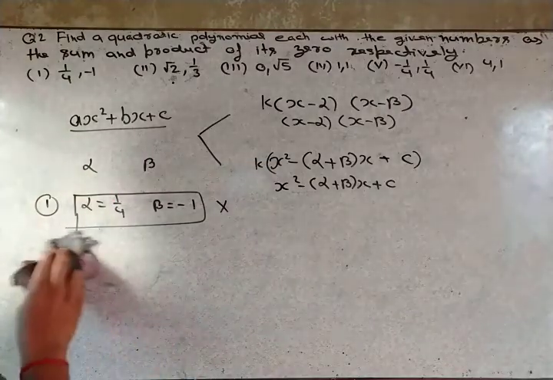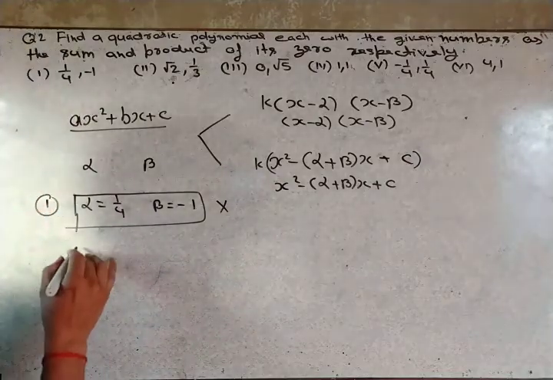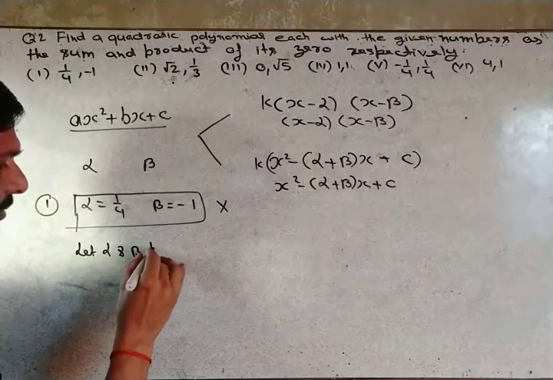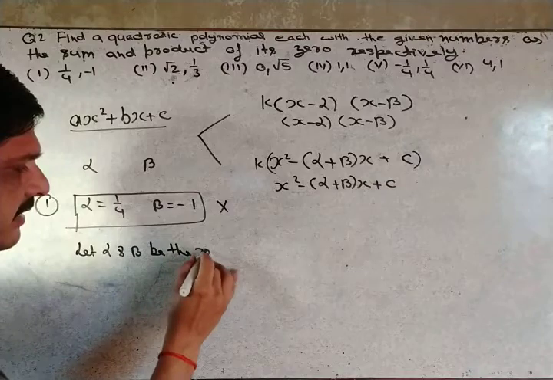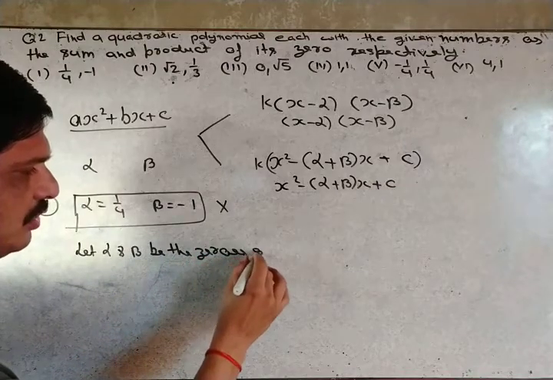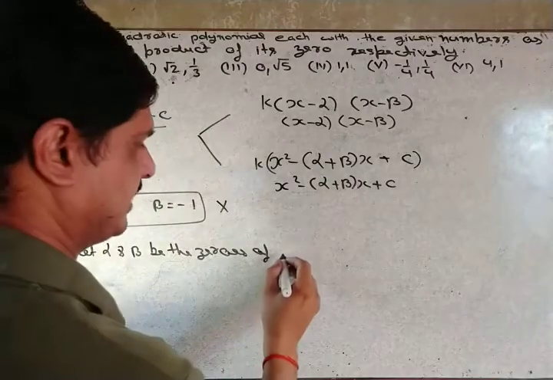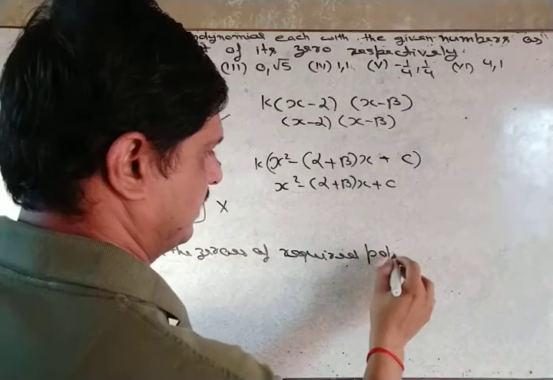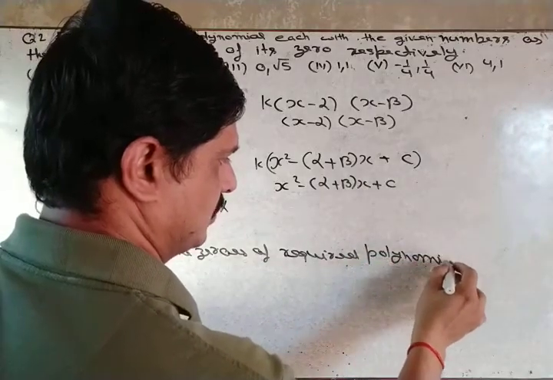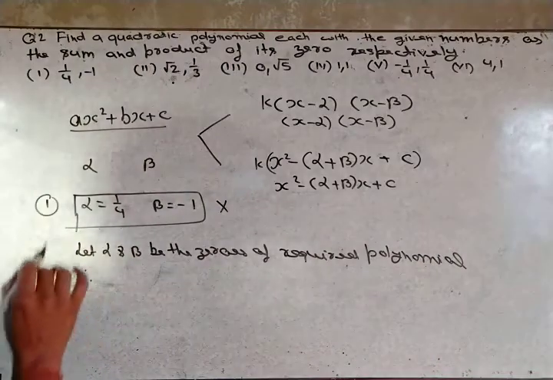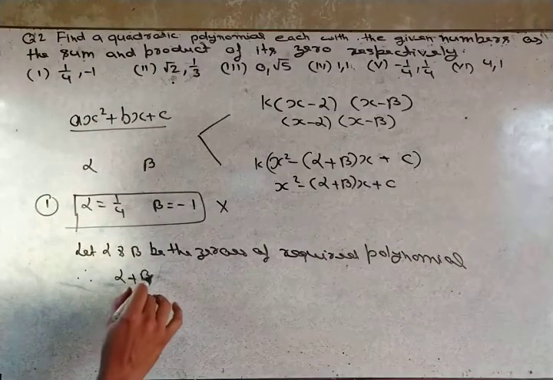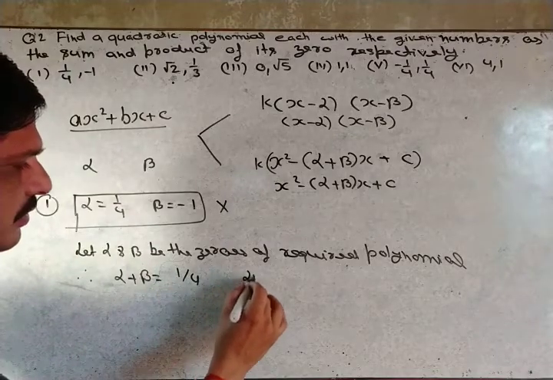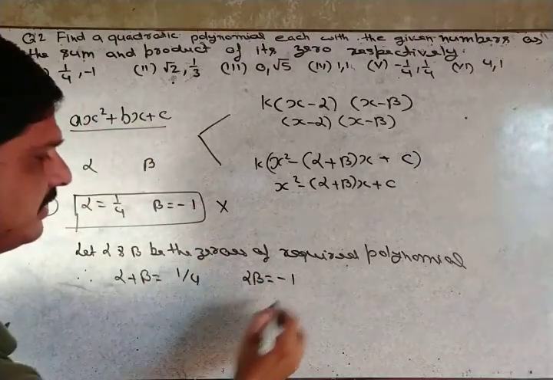How can you proceed? Let alpha and beta be the zeros of the required polynomial. Therefore, the sum is alpha plus beta, the sum of the roots, which is 1 by 4, and the product of the roots is minus 1.